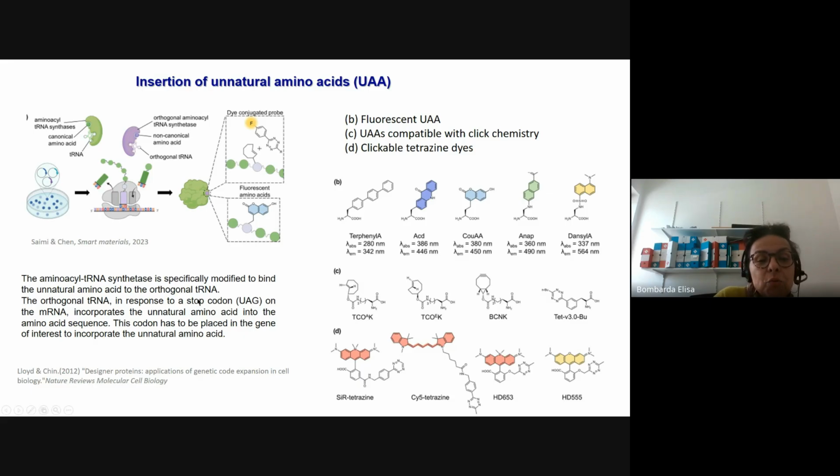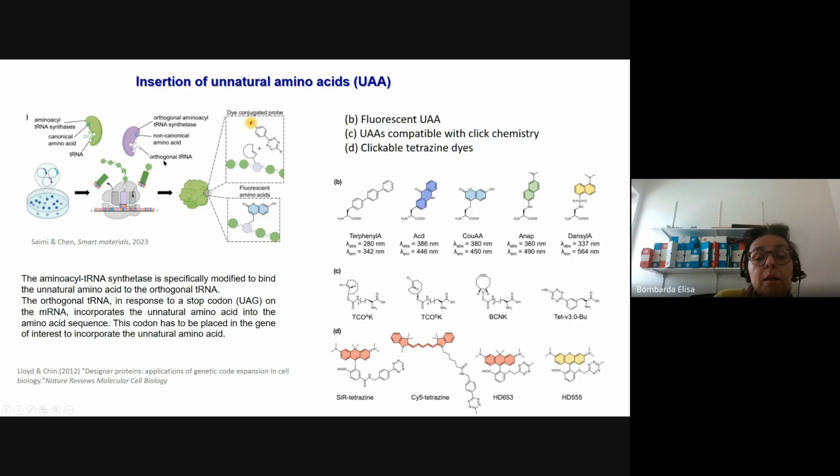So it is a non-occupied codon, let's put it this way, and it practically uses the machinery of protein synthesis, but inserting, as a consequence, an unnatural amino acid.